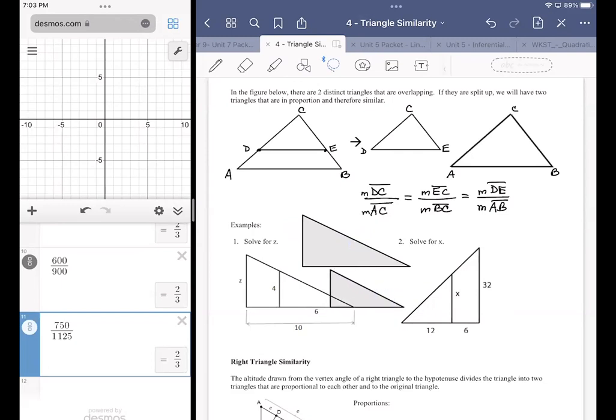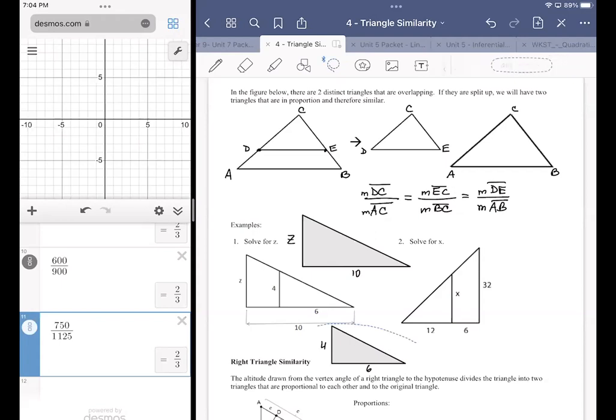I'll resize it in a minute. But the dimensions of the little one would be 6 and 4. The bigger one, well, the base, let's put this down here for a second. The base is 10. The vertical side is Z, a little crosshatch in my Z.